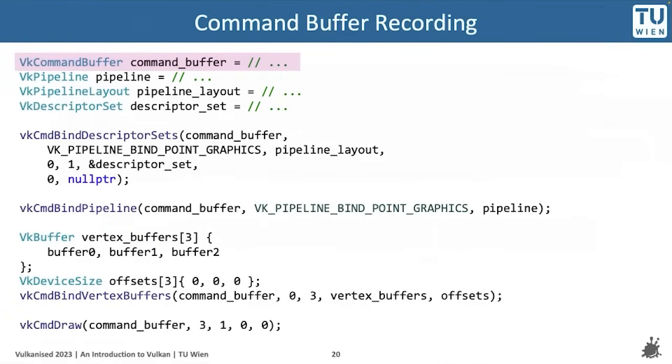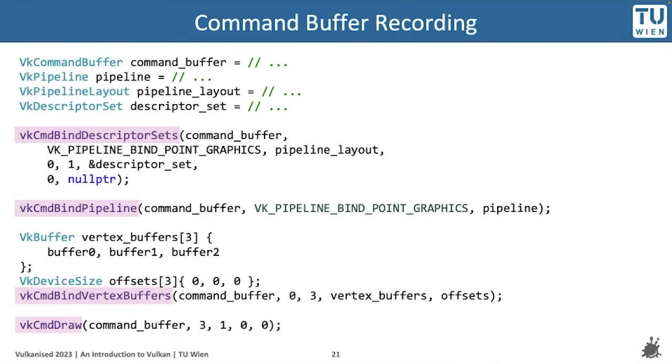In code, it looks like this. We have our command buffer that we created, and we will use it to record these different commands. The prefix vkCmd specifies functions that record commands into a command buffer.